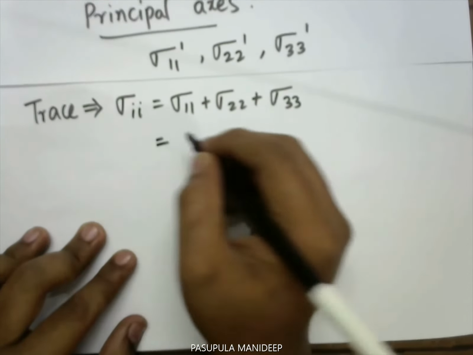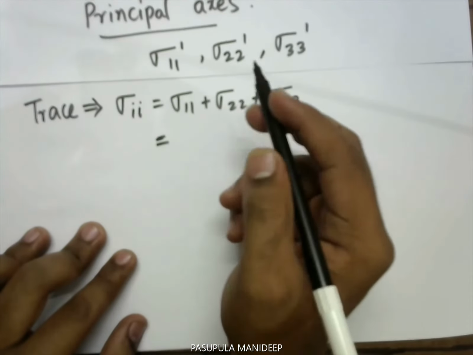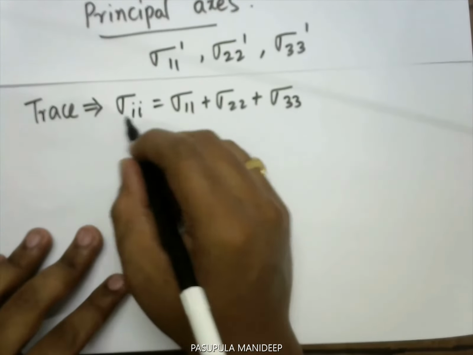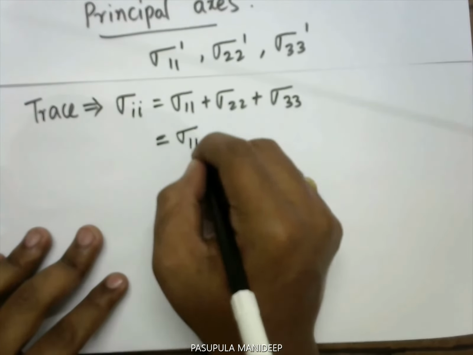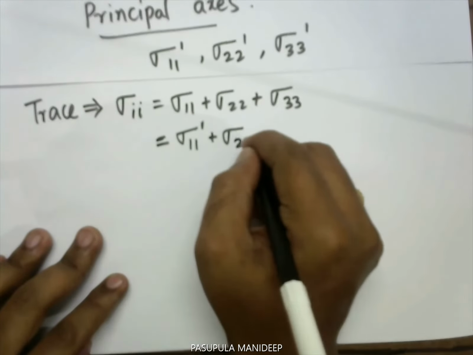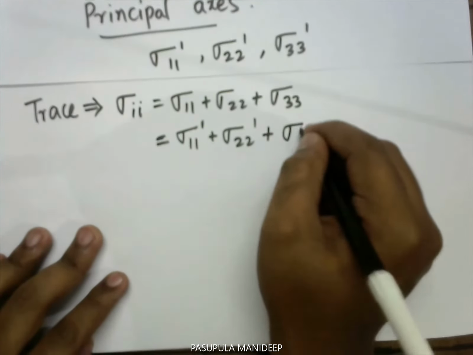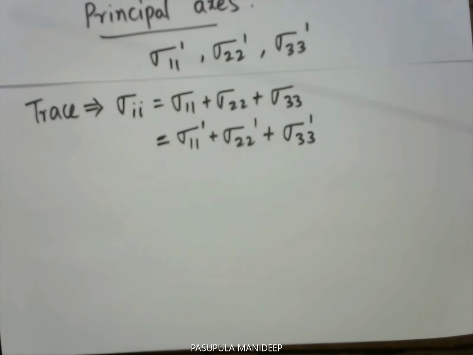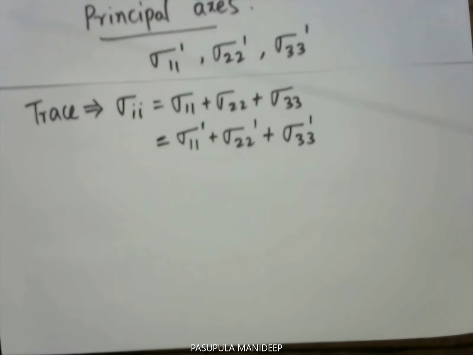But if we consider the Cartesian system with a set of axes as principal axes, then sigma ii will also be equal to sigma 11 dash plus sigma 22 dash plus sigma 33 dash.